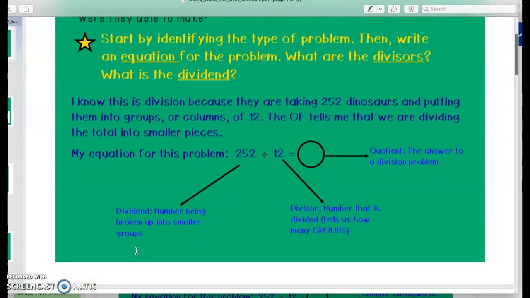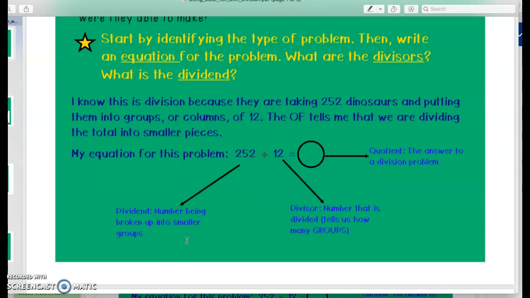Let's take a look. My equation for this problem is 252, which represents the dinosaurs, divided by 12. And the 12 is the amount of groups or columns that I'm dividing the dinosaurs into. We call the first number, that big number 252, the dividend.